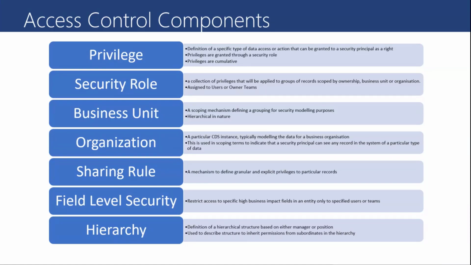So it has permission sets that you would define at various levels. Whenever you create a security role, it would be tied to it, and it is always cumulative. So if a user has access to two security roles, they would get merged, and the highest permission would get applied, right? So that's privileges.